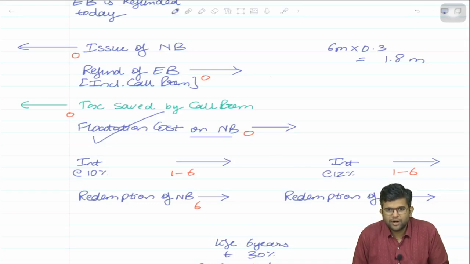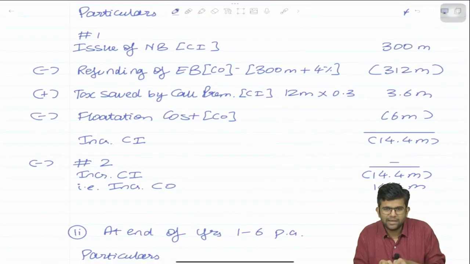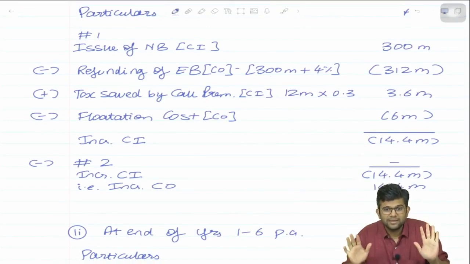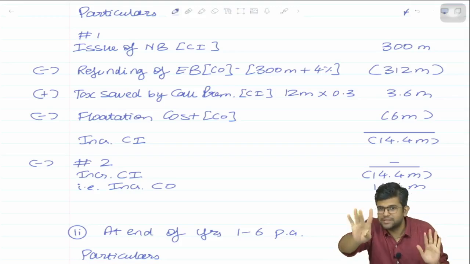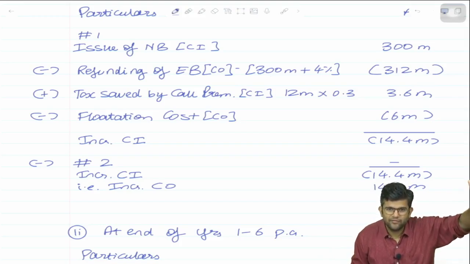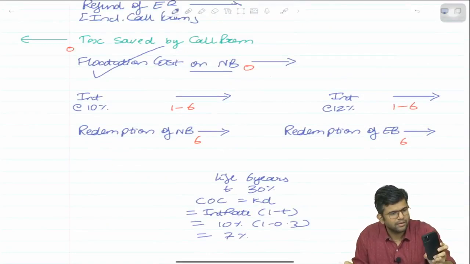So do you therefore understand that this, listen, 6 million that we are paying, that I am showing in year 0 only, I am not changing that 6 million. I am saying the tax that this 6 million will save, do you realize will be saved for all years, for 6 years. Everybody clear till here? So what we have to do? We have to simply divide by 6, correct? Okay.